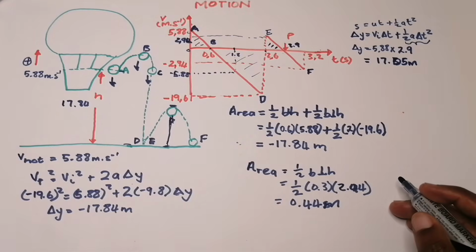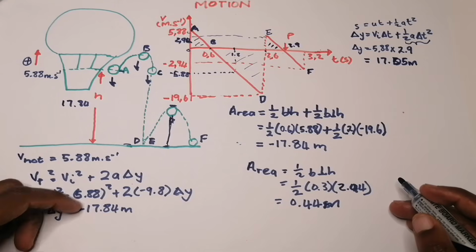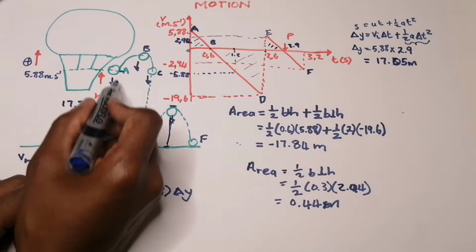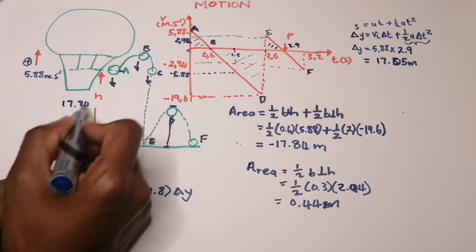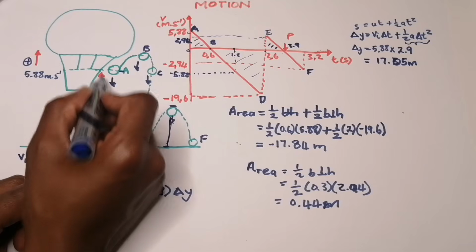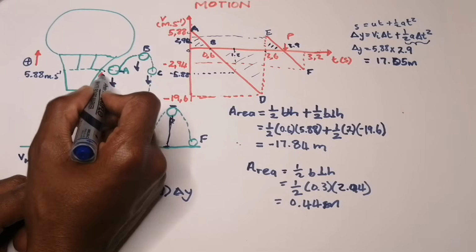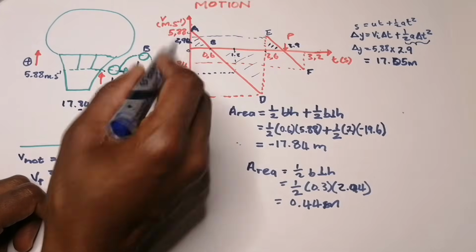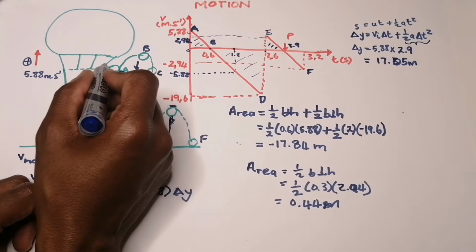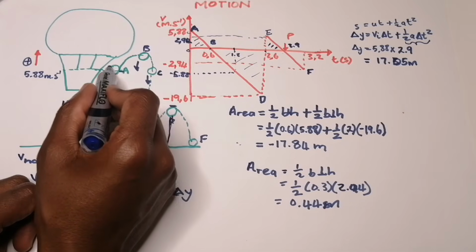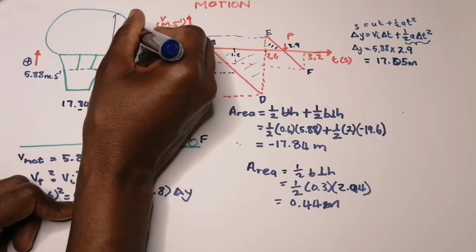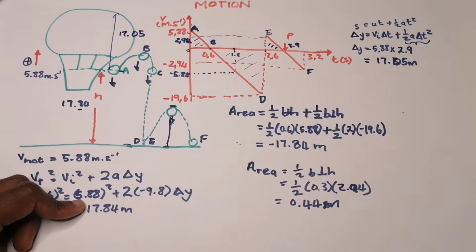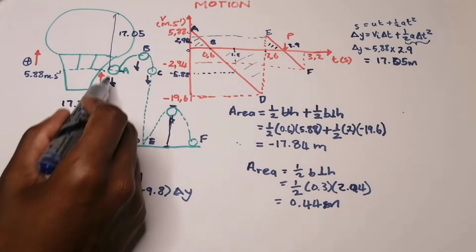Okay, now remember, it was already 17.84 meters above the ground. But as the ball kept going up and down, the balloon therefore moved a further 17.05 meters. So how far is the hot air balloon now?